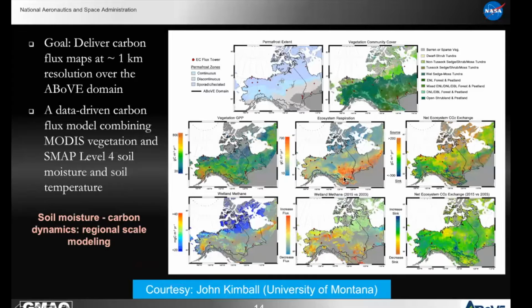So this is another project which will be doing regional scale modeling, but also getting at the question of what the interactions between hydrology and the carbon cycle are.